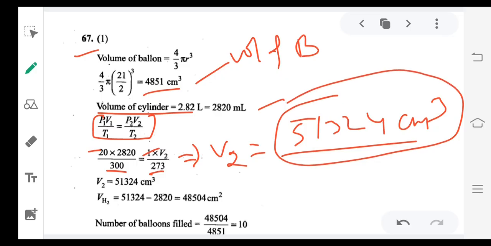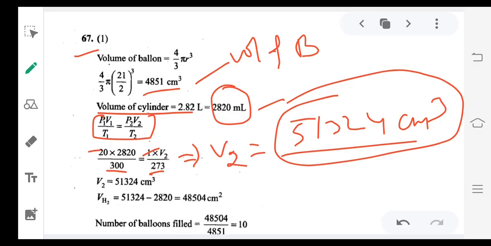So by using this much volume, how many balloons can we fill? But they gave one condition: the cylinder cannot be empty. So when the cylinder is opened, there is some gas. Its capacity is 2820 ml, so that much gas should remain in the cylinder. The remaining gas will come out.